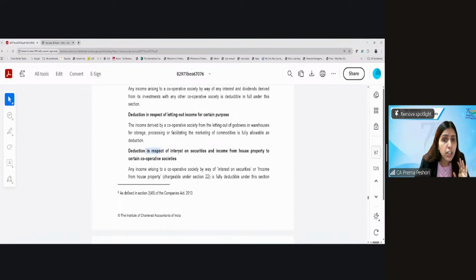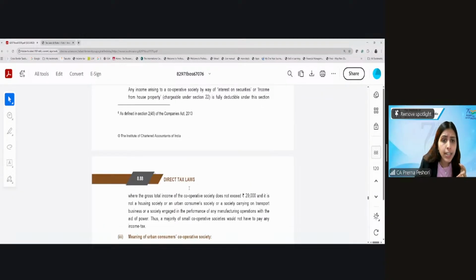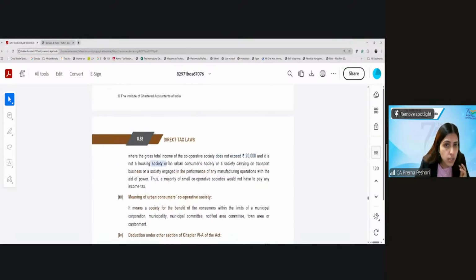Then deduction in respect of interest on securities and income from house property. In respect of a cooperative society where the gross total income does not exceed 20,000, and it is not a housing society or an urban consumer society or a society carrying on transport business or engaged in manufacturing, right?